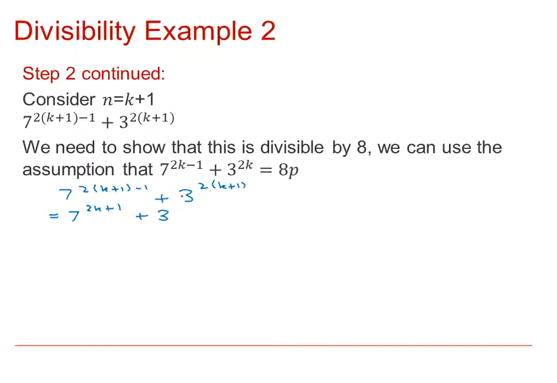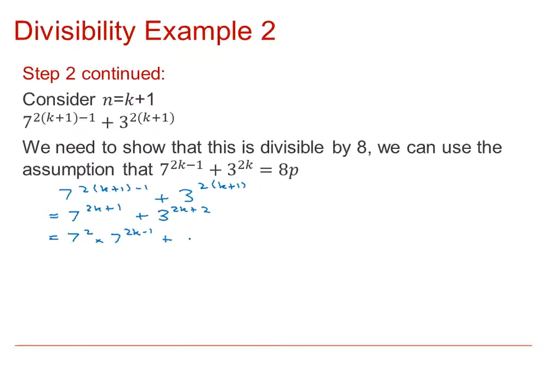And this one, expanding the bracket, is 3 to the 2k plus 2. Then we need to rewrite these terms. So the first one, I'm going to use, shortly, this 7 to the 2k minus 1. So I'd like this index here to be 2k minus 1, and I can do that by writing this as 7 squared times 7 to the 2k minus 1.